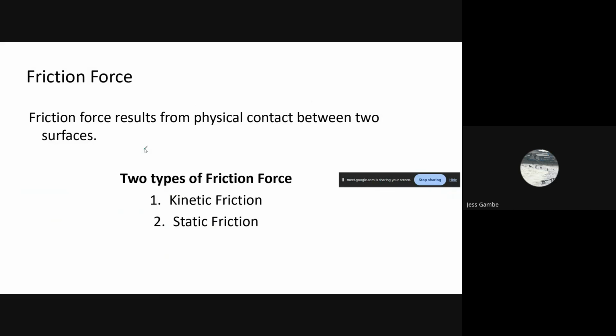Okay? So two different frictions. For example, kinetic friction applies to moving objects, like buses that are running. Static would be like an object you put on the floor, or non-moving objects. So they have static friction.